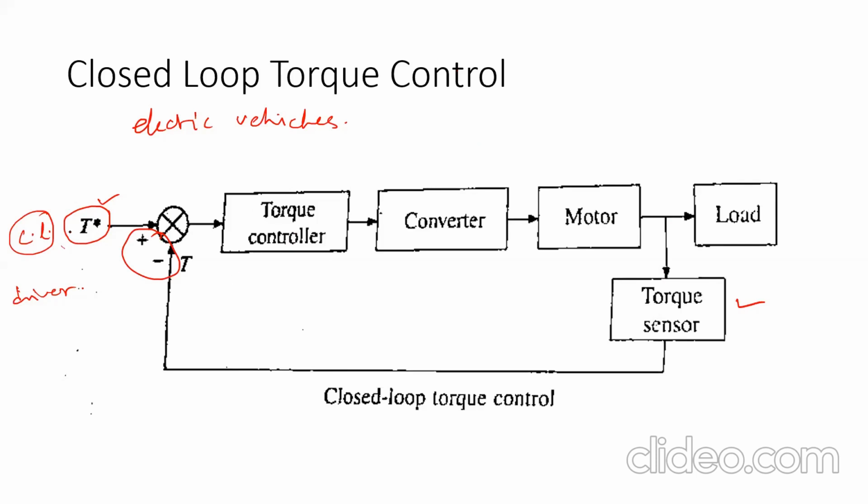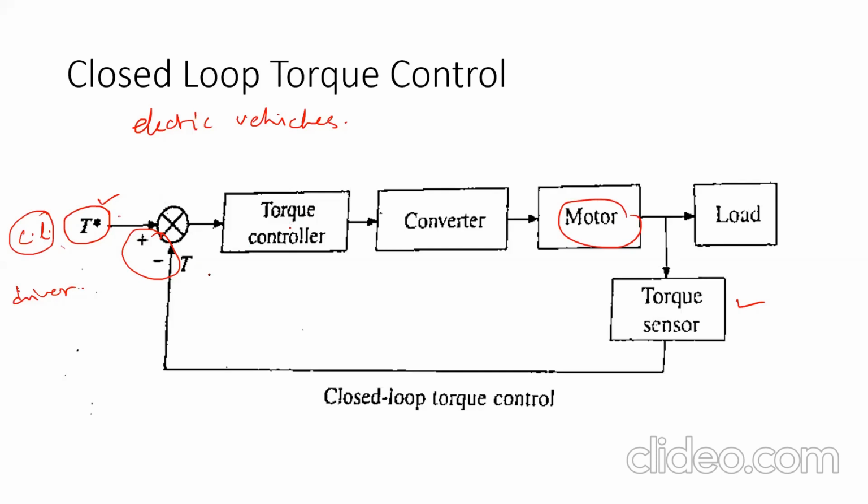The torque reference is set by the driver. The torque sensor is able to sense the torque developed by the motor, and it is compared against the torque reference. The error is given to the torque controller.